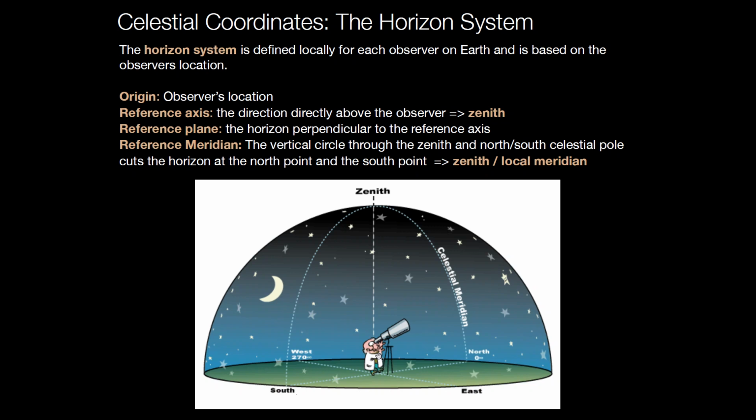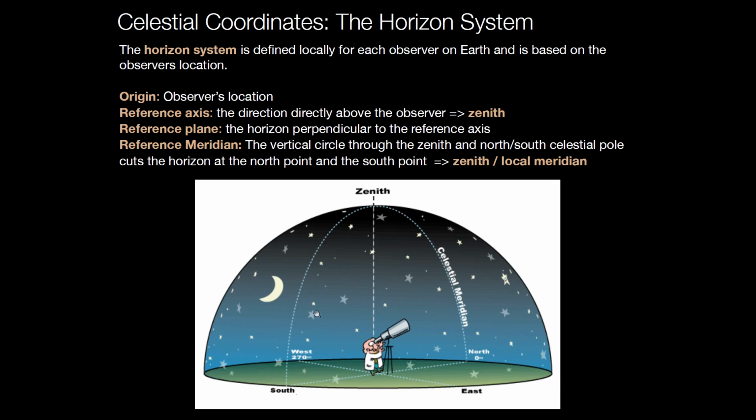And for that, the convention is just to take the point that's directly above the observer's head. That's called the zenith, the spot in the sky directly above the observer. The reference plane will be a horizontal plane perpendicular to this axis defined by the observer and the zenith, so this green plane here.